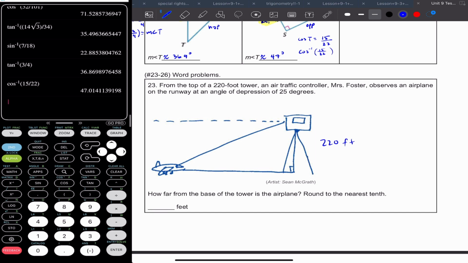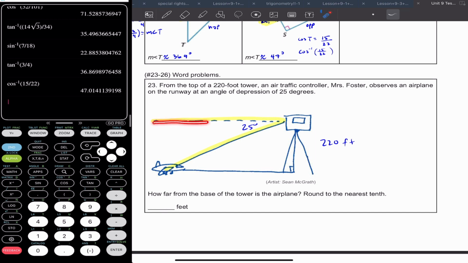Okay, so Ms. Foster is right here, and she looks horizontally. This is the horizontal line of sight, but when she notices the airplane, she looks down, and that creates the angle of depression. So this is the angle of depression at 25 degrees, right?